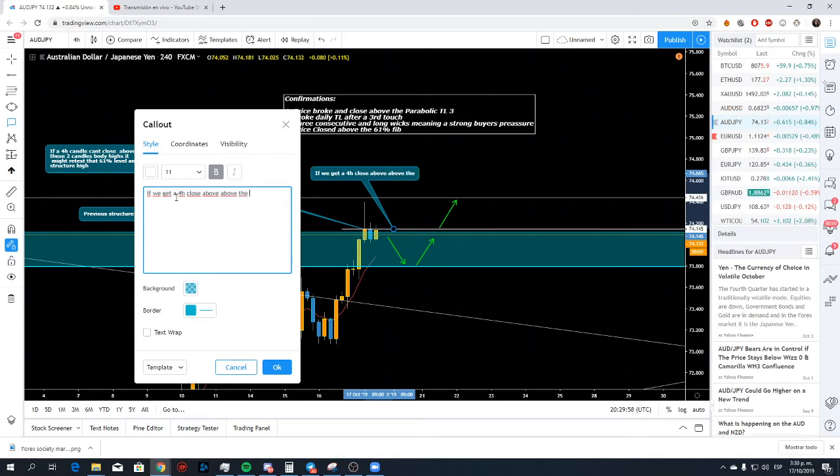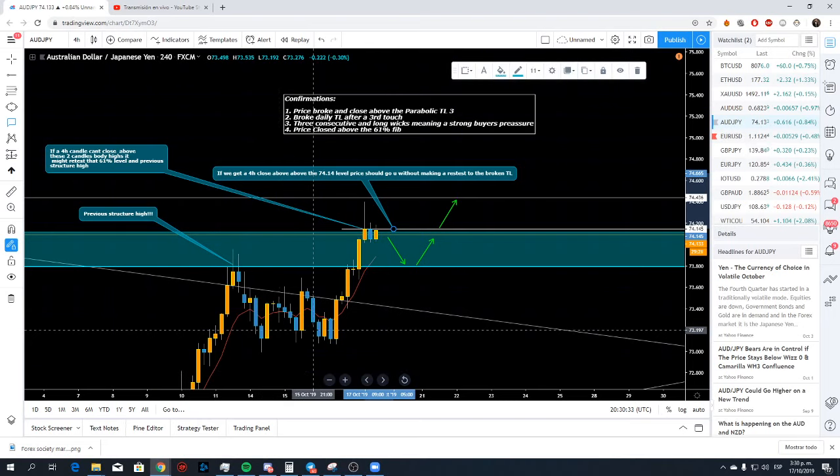Okay, so if we get 4H close above 74.14 area, above level, price should go up without making a retest to the broken trend line, okay?